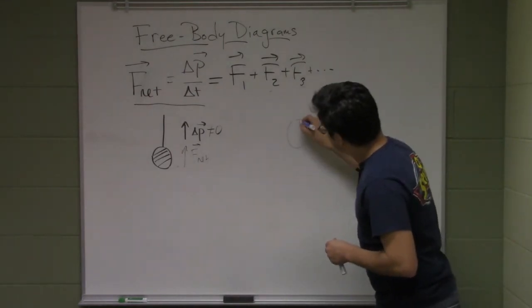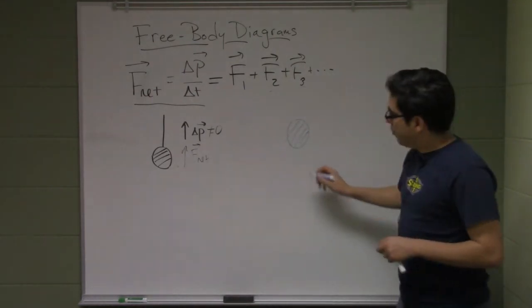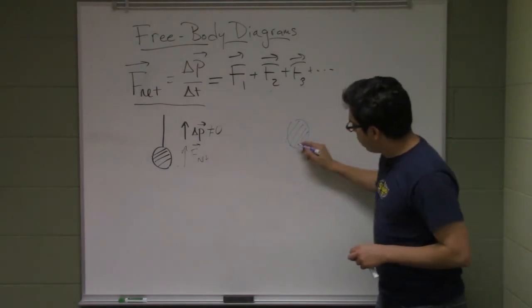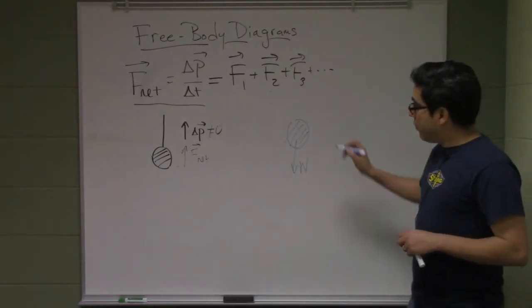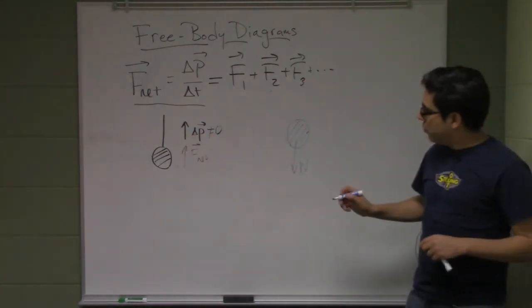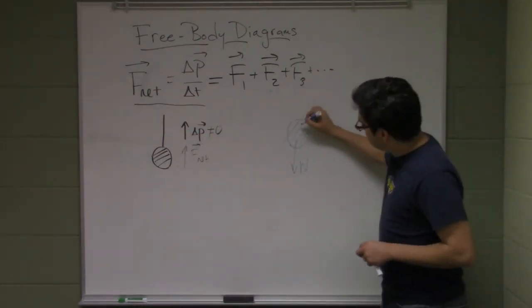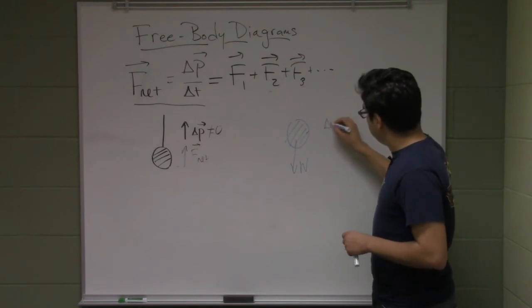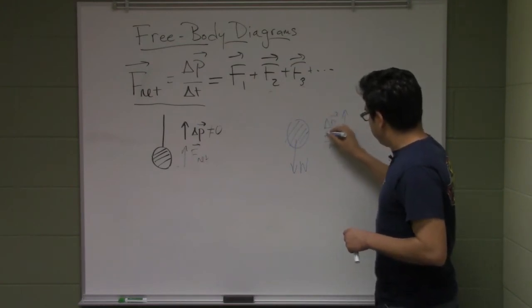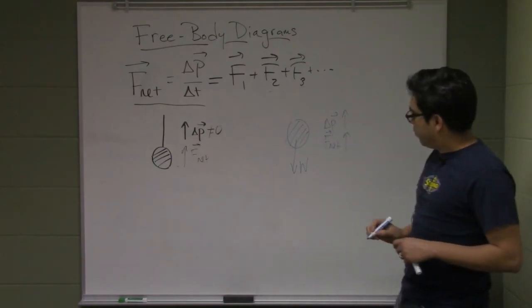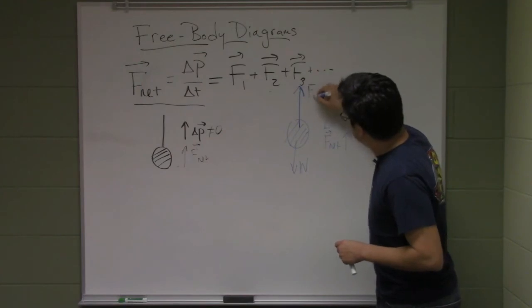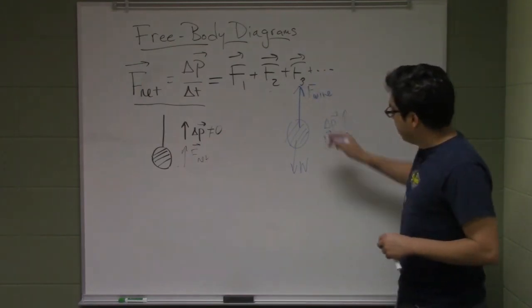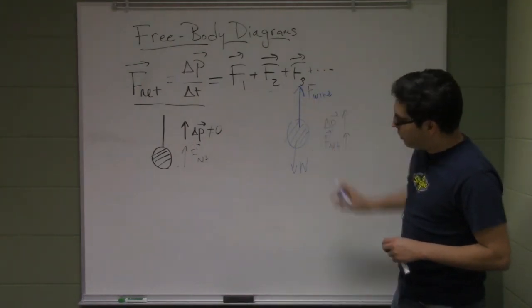So what we have are two interactions again. We have the interaction with the earth, so there's a force that pulls down on the ball, the weight force. But we also have the interaction with the wire, the force that the wire exerts on the ball. Now it turns out, because we know that the momentum change points upward, and thus the net force also points upward, that the force due to the wire itself must be larger in magnitude than the weight force.